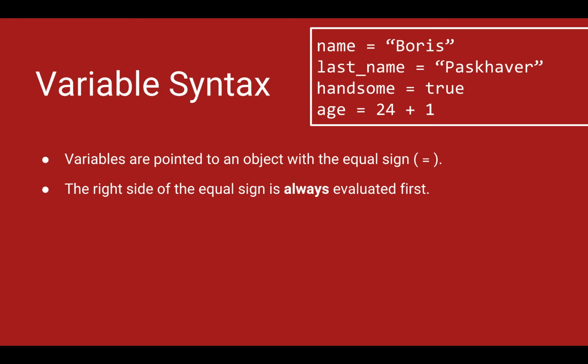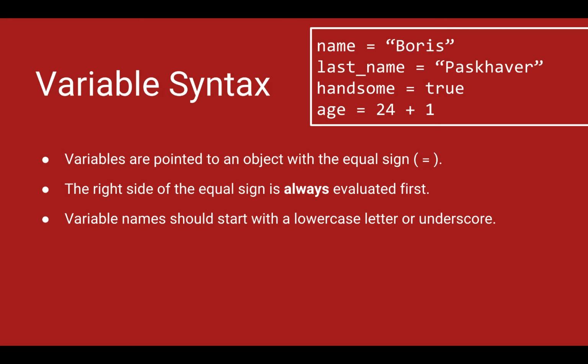That evaluation completes entirely before anything is assigned to a variable. Similarly, if we had some kind of concatenation operation, if we had something like 2 strings being combined with the plus operator, the plus sign, those 2 strings would first be concatenated, and then that final result, that new string object, would be what that variable on the left side of the equal sign would point to.